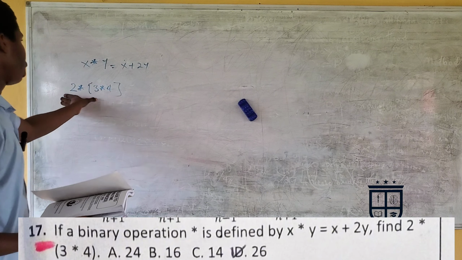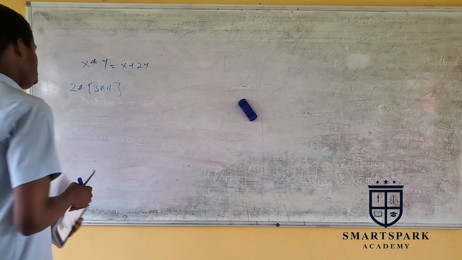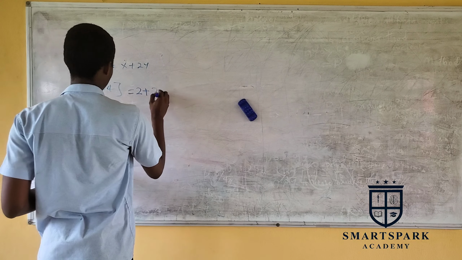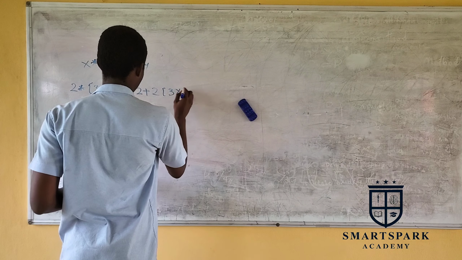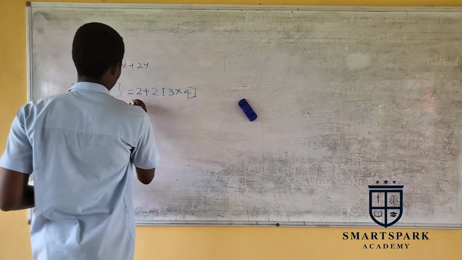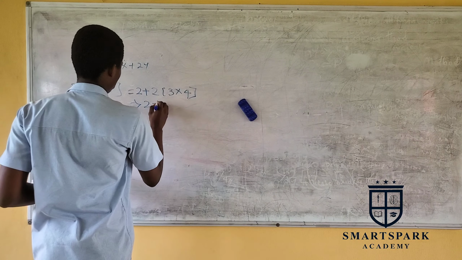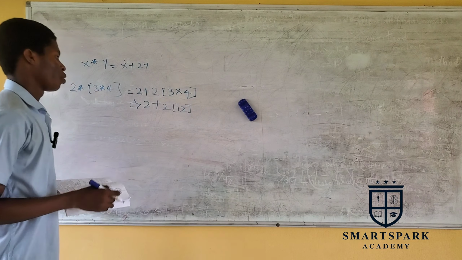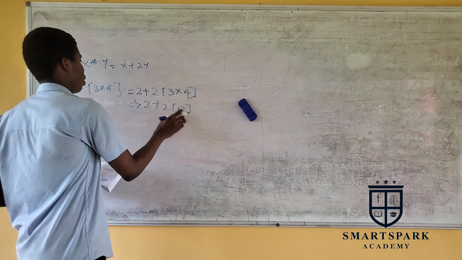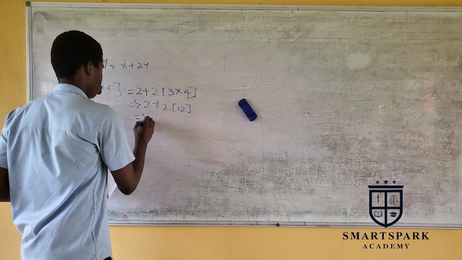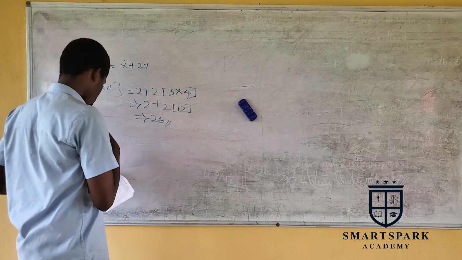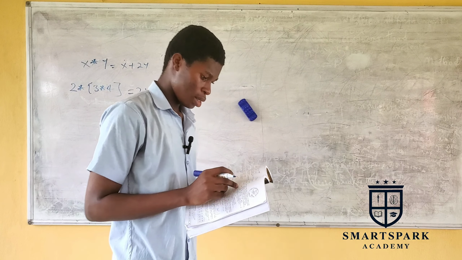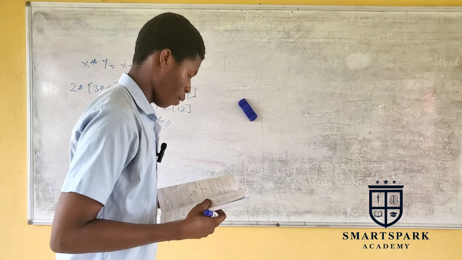We are expected to take them and input them into this. So that is what we are going to do. This is 2 plus 2 times 4. So 2 plus 8, which is 10? 2 plus 2 times 4, so 2 times 4 is what? 8. So now we are going to sum them up, which results to 10. So that is the answer for question 17.